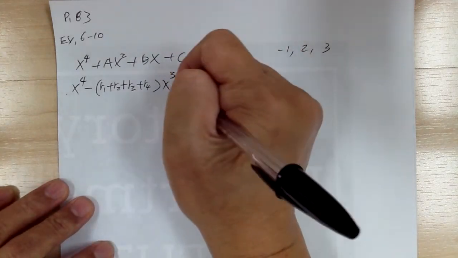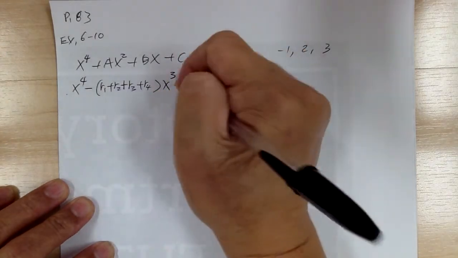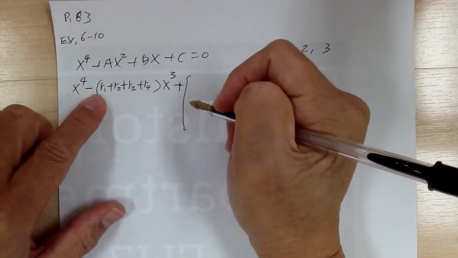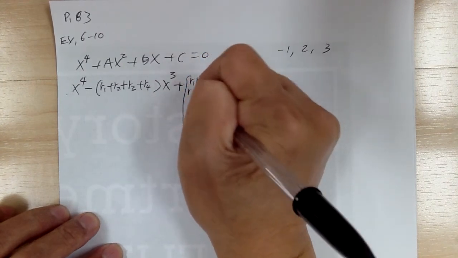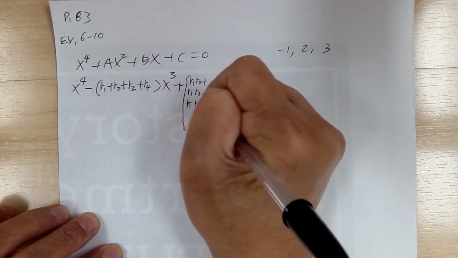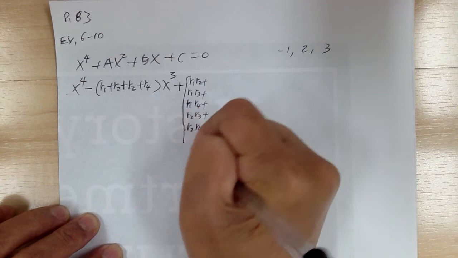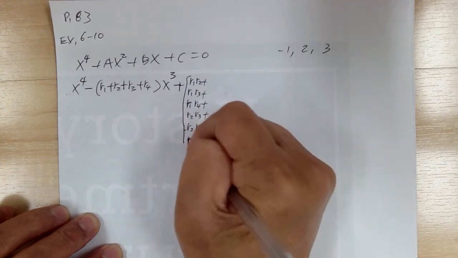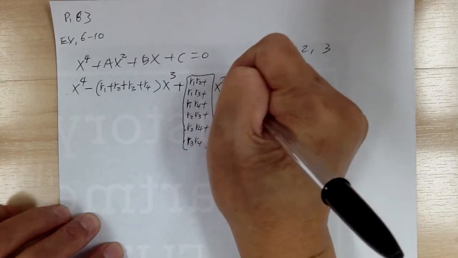Then plus minus plus. And so take two at a time: r1 r2 plus r1 r3 plus r1 r4 plus r2 r3 plus r2 r4 plus r3 r4, times x squared.